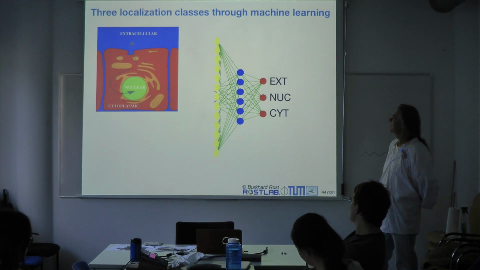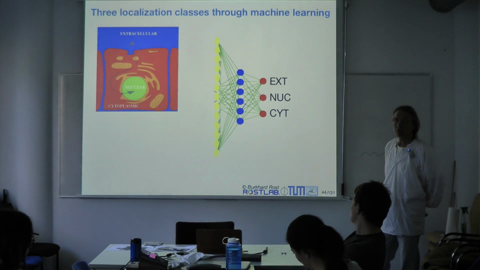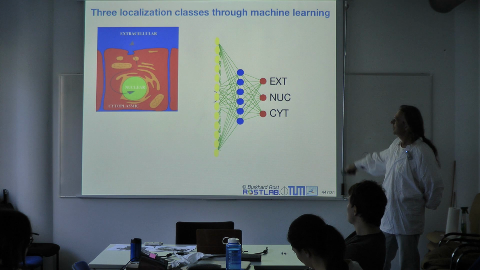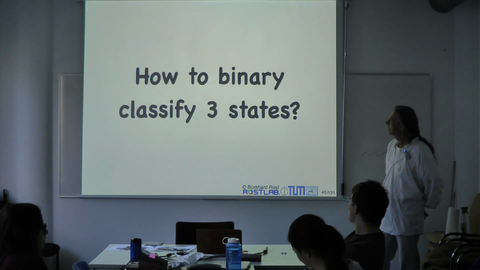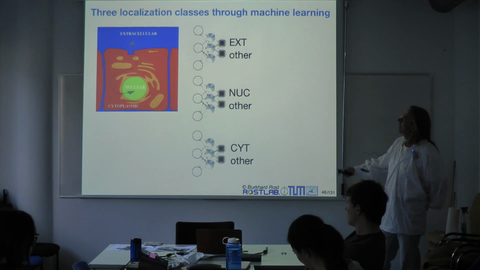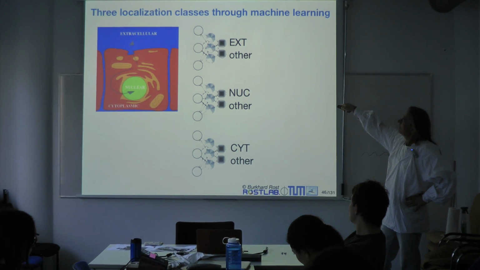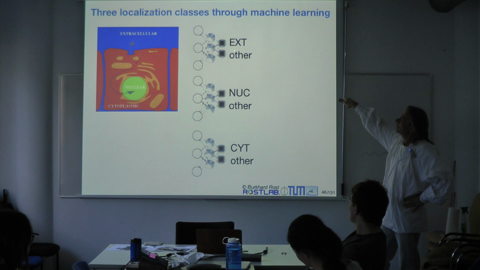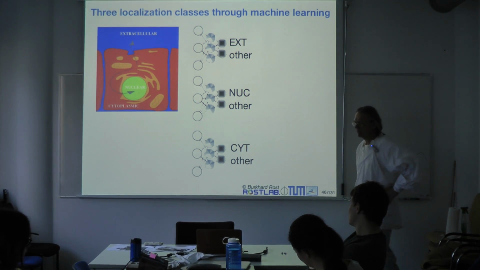Well, one answer is you could have a neural network that has these three output units, extracellular, nuclear, cytoplasmic, or you could put it into a binary network, or three particular networks where you have in the first one two output units, extracellular against everything, nuclear against everything, and cytoplasmic against everything.